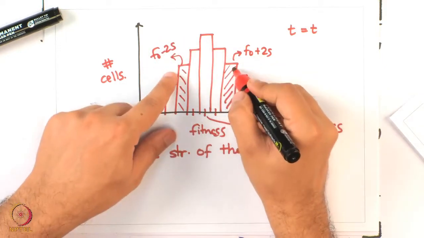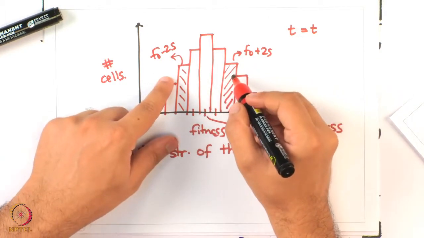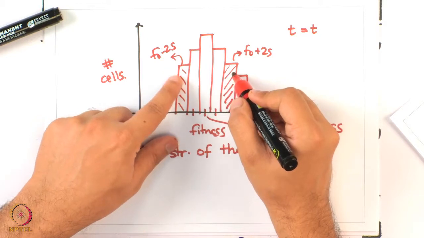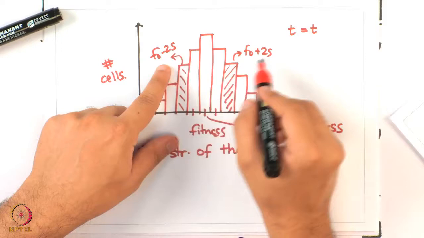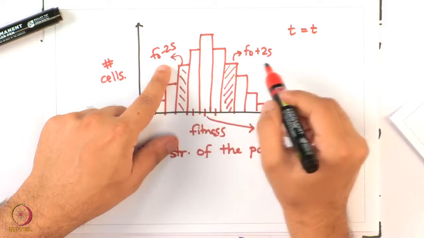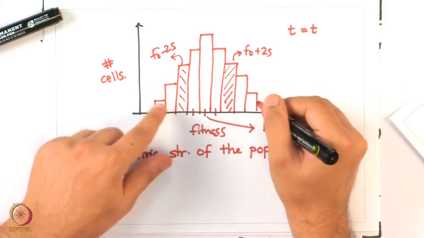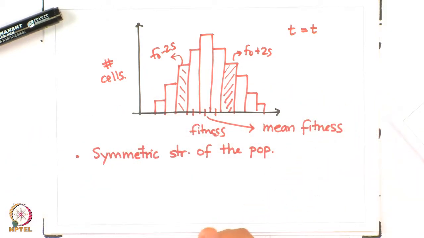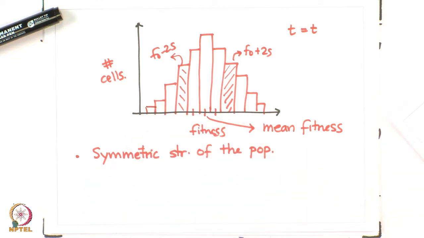But because these two numbers are equal, because of the symmetric rule that we have imposed here, the mean fitness of these two bars is f naught exactly. The plus 2s and minus 2s cancel each other exactly. So, we take these bars in pairs, and that automatically leads us to the fact that the mean fitness of the entire structure is just f naught.